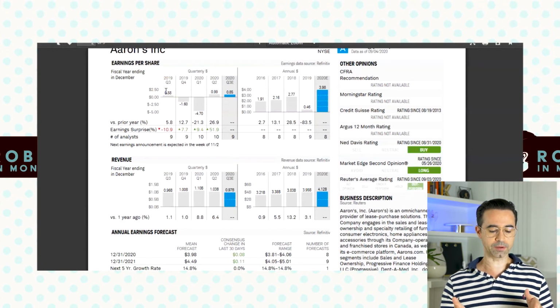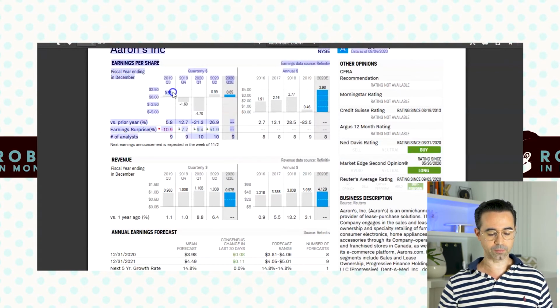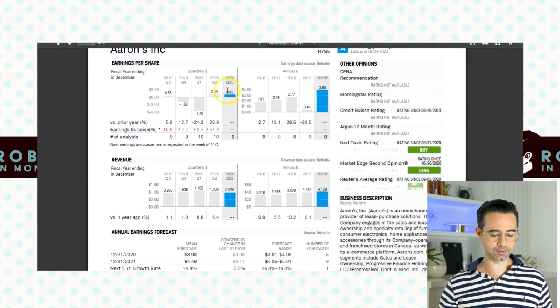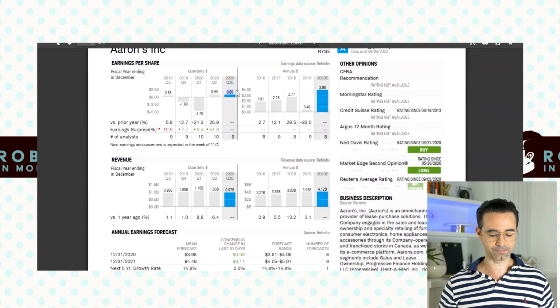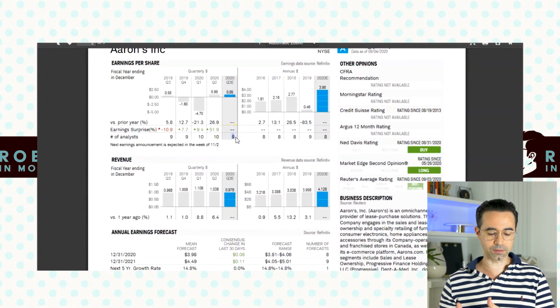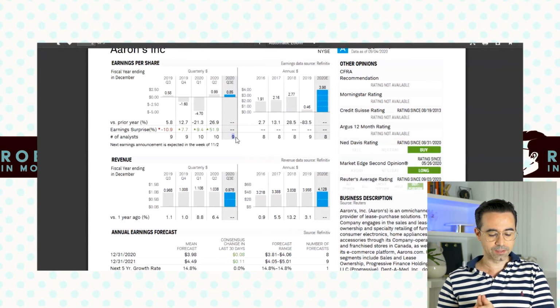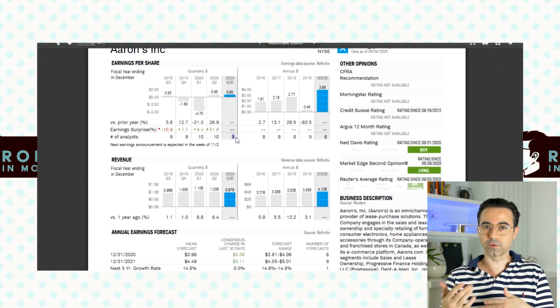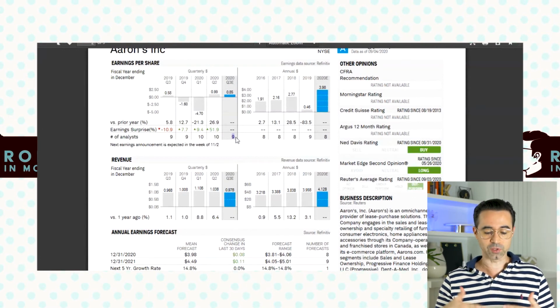So I would compare this to Q3 of 2019, so 1 year ago to today, the earnings are better. At least they're estimated to be better. Okay, that's a good thing. And then the number of analysts that think this is going to happen, there's 9 analysts that believe this will happen. So that's good because we like the ability of other analysts also agreeing that this should happen.